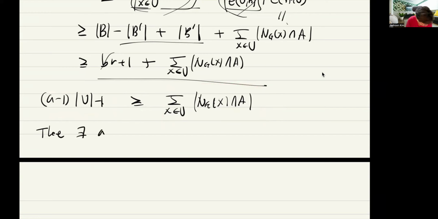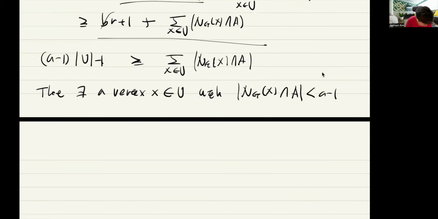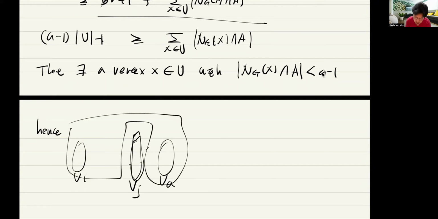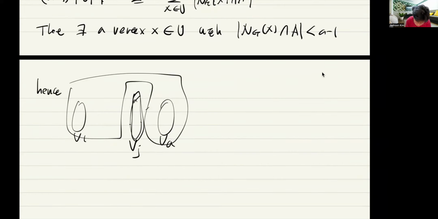Then there must exist a vertex X in U with less than A minus 1 neighbors in A. But that means that out of B1 to BA, and U belonging to Pj, except that there are A minus 1 classes, and it's sending to fewer than A minus 1, so at least one of them, this vertex does not send any edges.